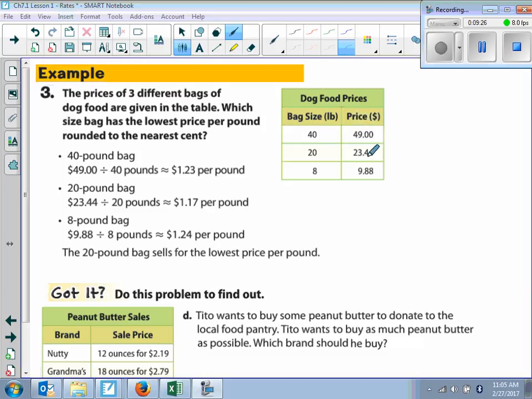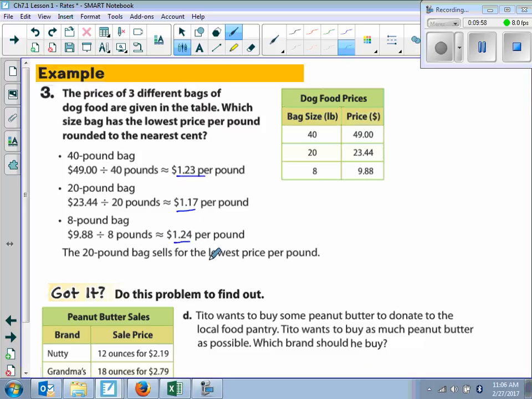That's $23 and 44 cents for 20 pounds. And there's $9.88 for 8 pounds. Now, do I like the way they showed their work here? No, I do not. Because what is the first thing they're supposed to do? Write it as a fraction. Very good. So once they write it as a fraction, then they're going to show dividing the numerator and the denominator by the denominator to make it into a unit rate to get their unit rate.